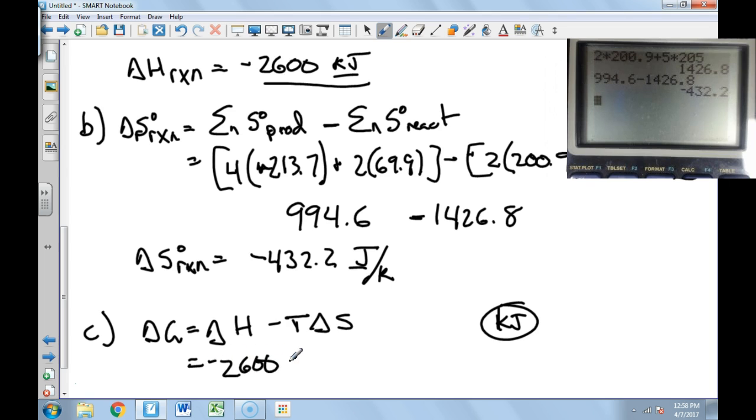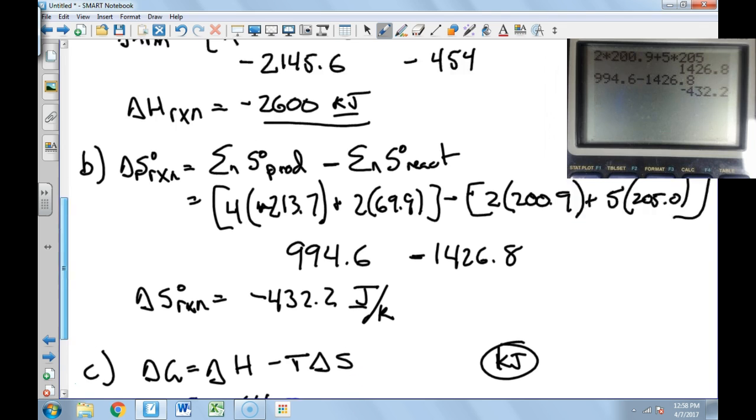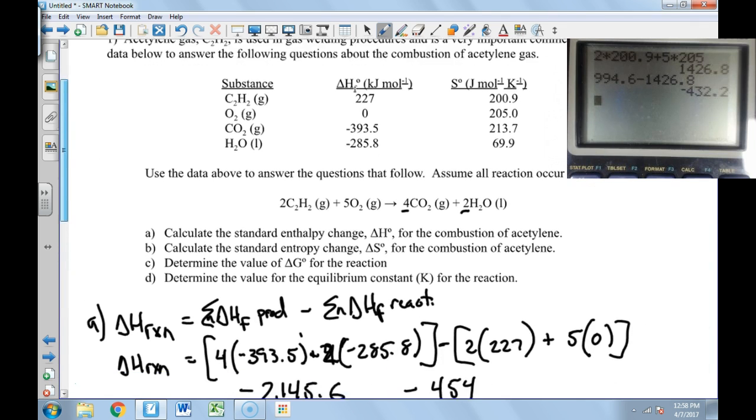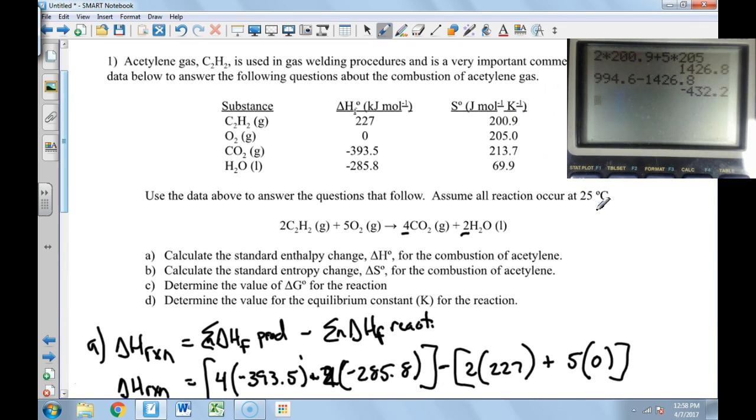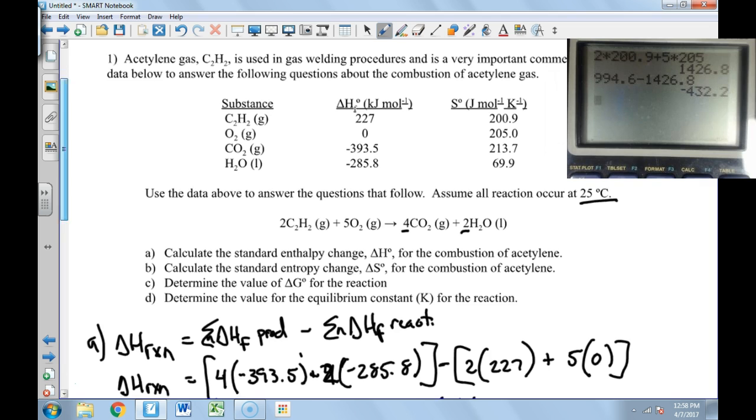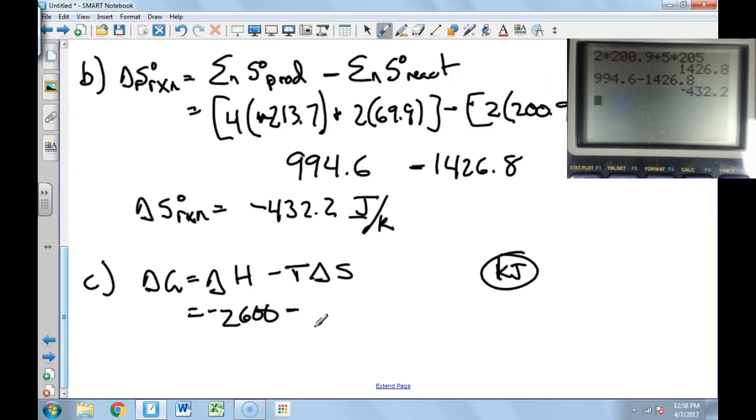So now we plug in this value, negative 2600 minus the temperature. When I go back up and look, the temperature is 25 degrees Celsius, which is 298 Kelvin. So minus 298 Kelvin times negative, and move that over 3 spots, and we get 0.4322.